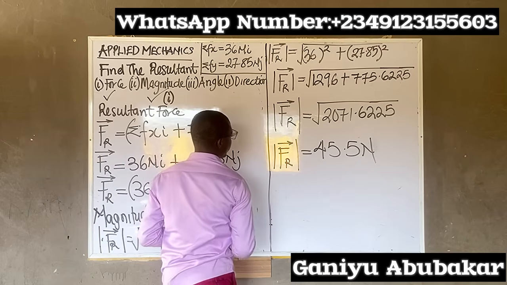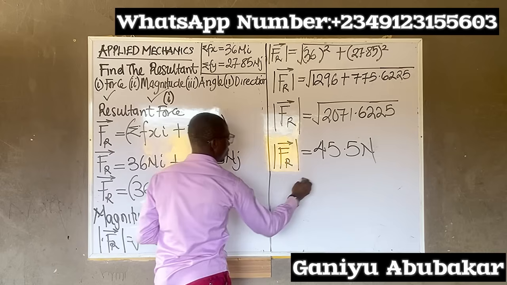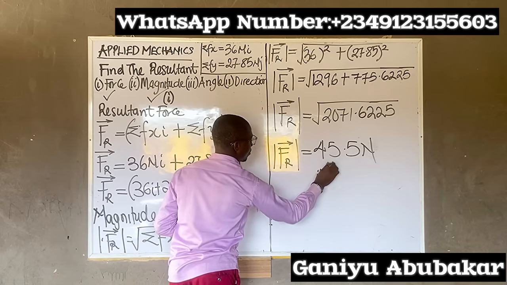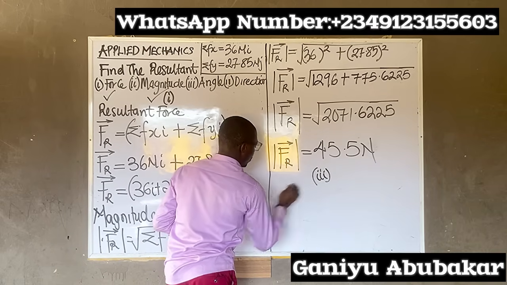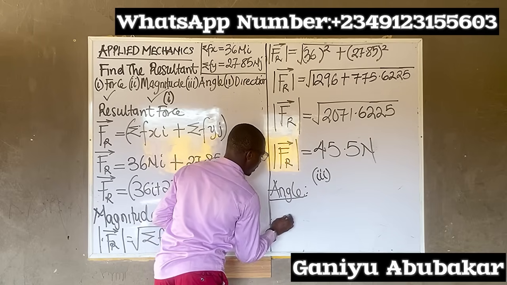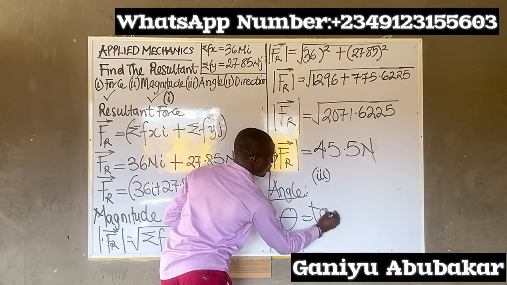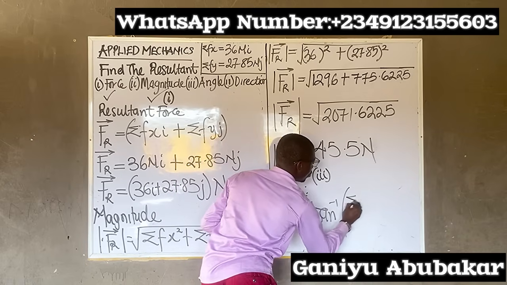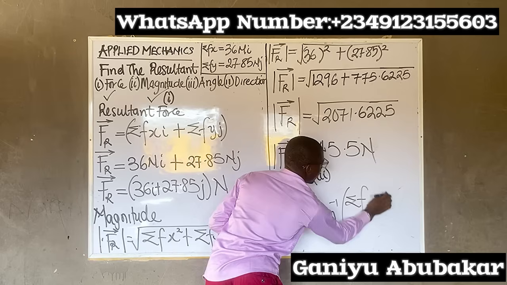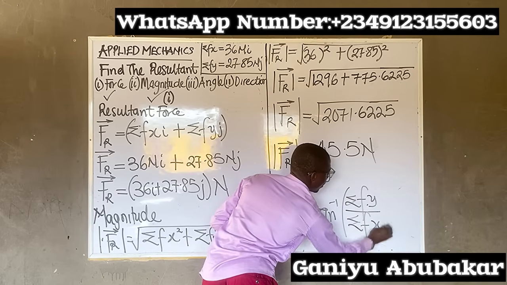Let's get the angle, right? For the angle, we said that's given by theta is equal to tan inverse of summation f of y over summation f of x.